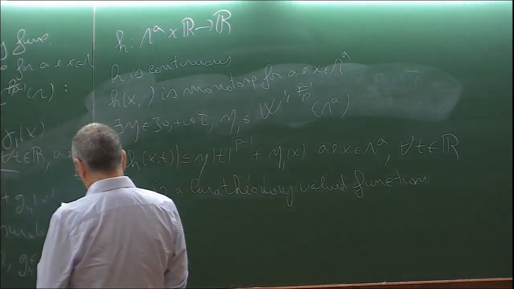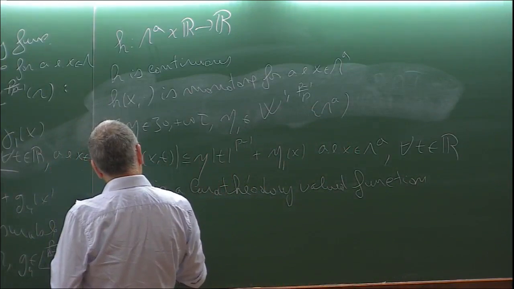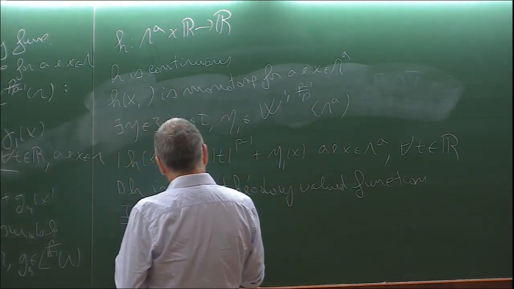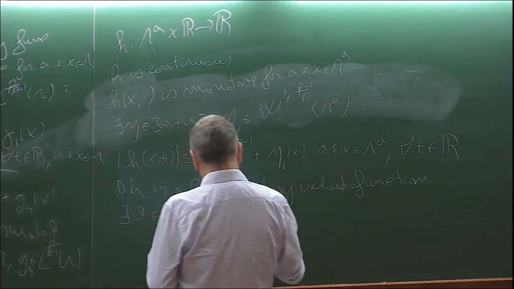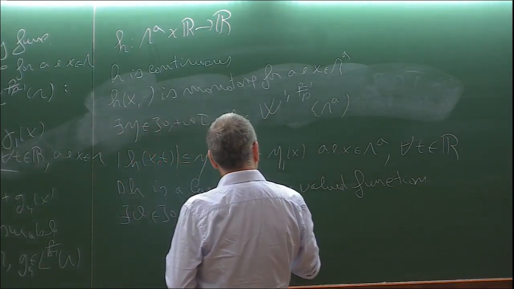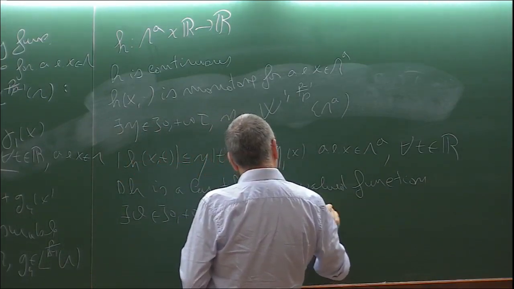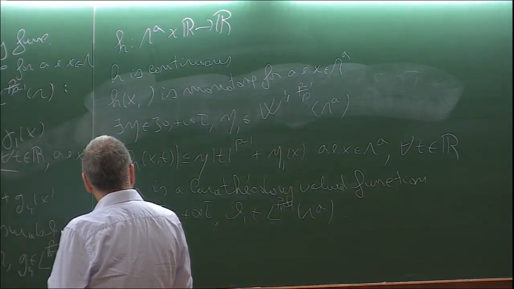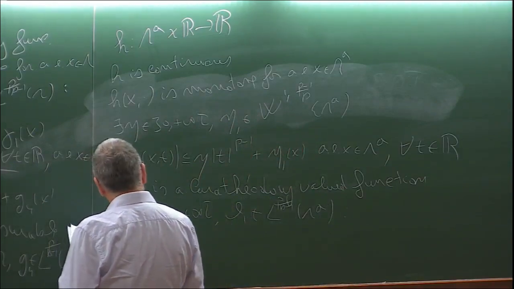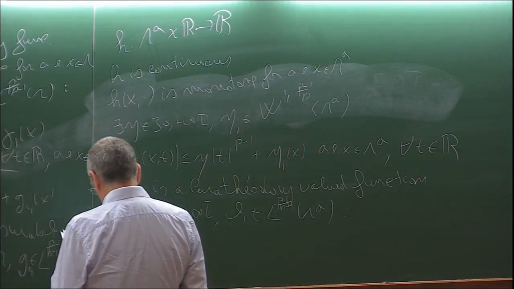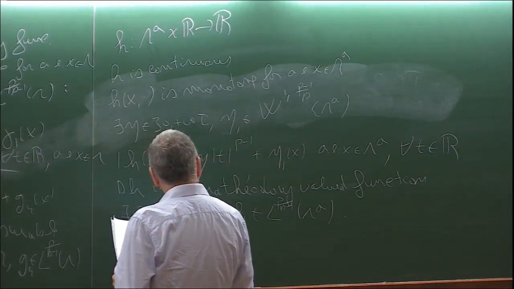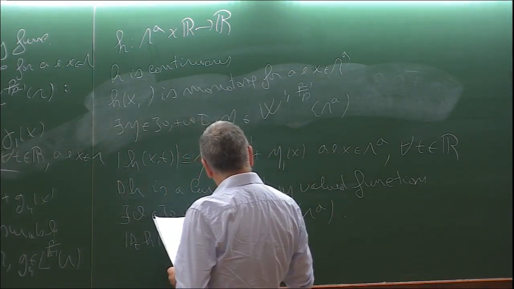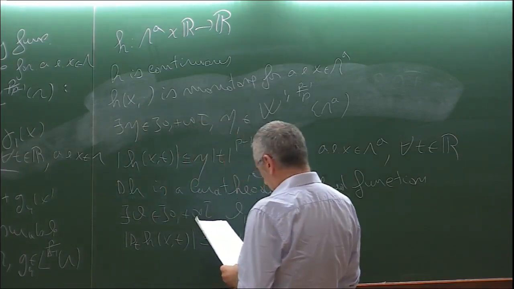There exists theta in (0, plus infinity) and theta 1 in L^{p/(p-1)}(omega A) such that the modulus of the derivative of H with respect to t is less than theta times the modulus of t to the power p minus 2, plus a constant.